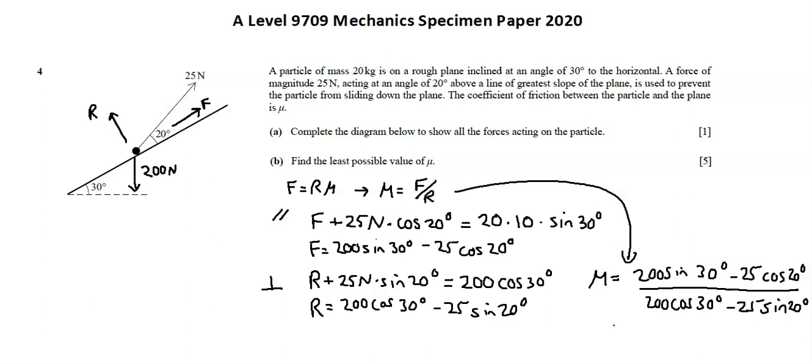By using these exact values in numerator and denominator, I'll have a precise answer. My answer is 0.465. This is the least possible value of mu. This completes the requirements for question 4.